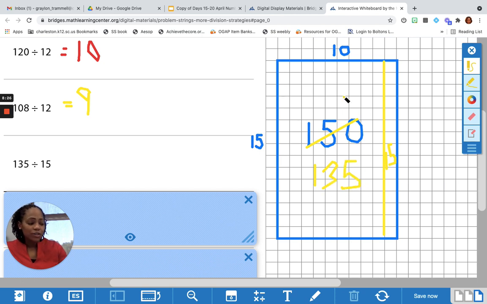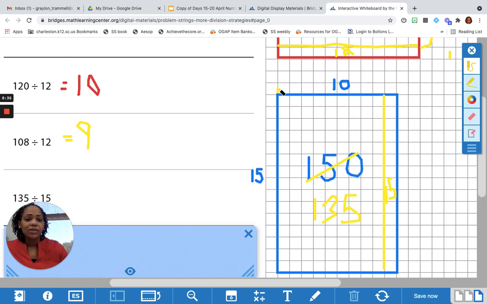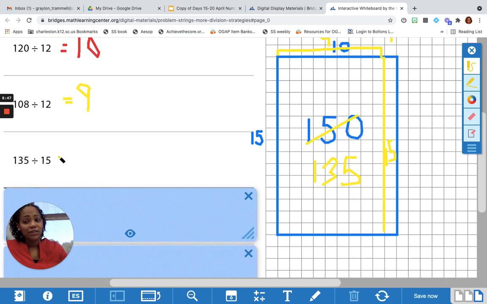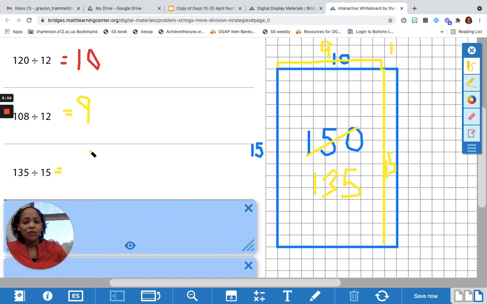Oh my gosh, I found my answer, and I did that quickly using an area model. So here's my 9, and then I had one more to make the whole thing with 10. So 10 is a really friendly number, not just in addition and subtraction, but also in multiplication and in division. So that means what? 135 divided by 15 is, you got it, 9.